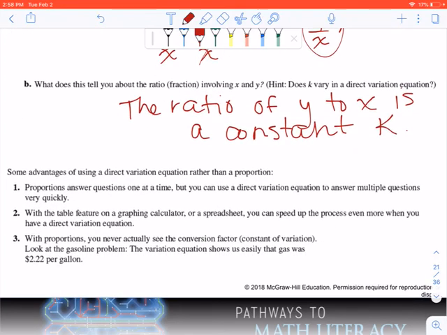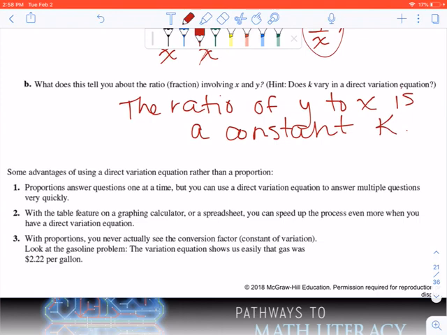So some advantages to using direct variation rather than a proportion like we did at the beginning with the amount of gas. Proportions will answer a question one at a time, but you can use direct variation to answer multiple questions very quickly. When we filled out the table, it was much quicker to use the equation than to set up a proportion for each one. With the table feature on a graphing calculator, we're not going to do this, but it does make it a lot easier to have an equation than a proportion.